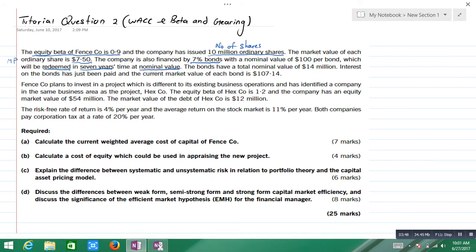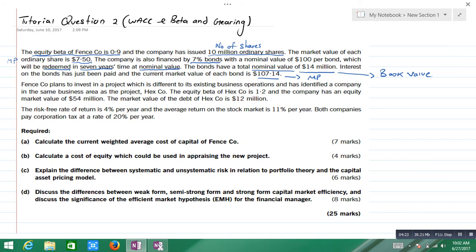The bonds have a total nominal value of 14 million. So they already gave you the nominal value, meaning the book value. Interest on the bonds has just been paid, and the current market value of each bond is $104.14. So that is your market price for the bond.